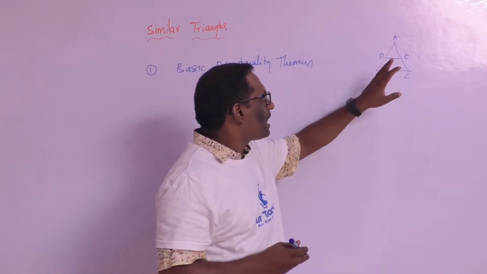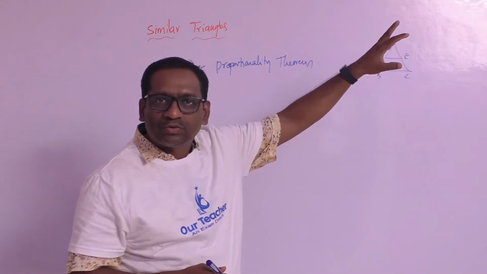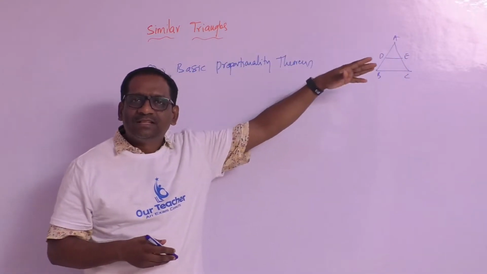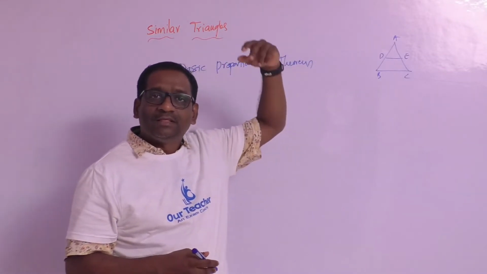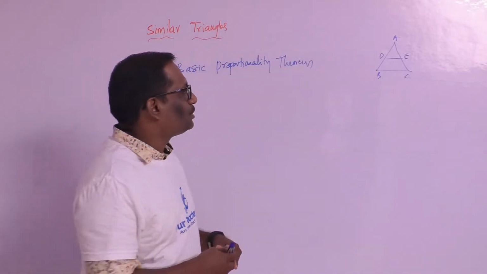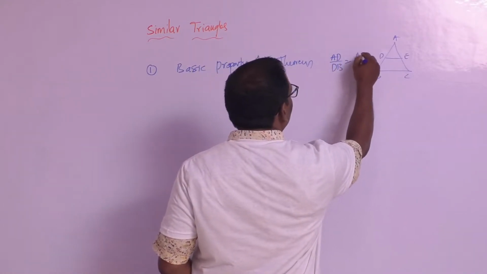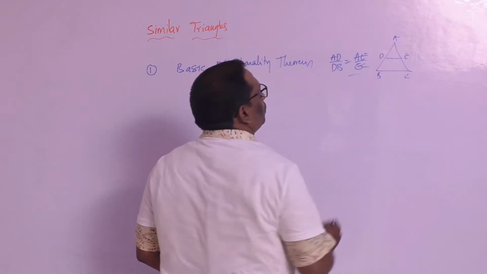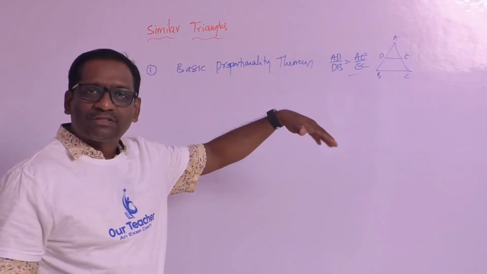If this line DE is parallel to the base BC, then this line will divide the other two sides in the same ratio. It means AD by DB is equal to AE by EC. That is called the basic proportionality theorem, and its converse also is there.